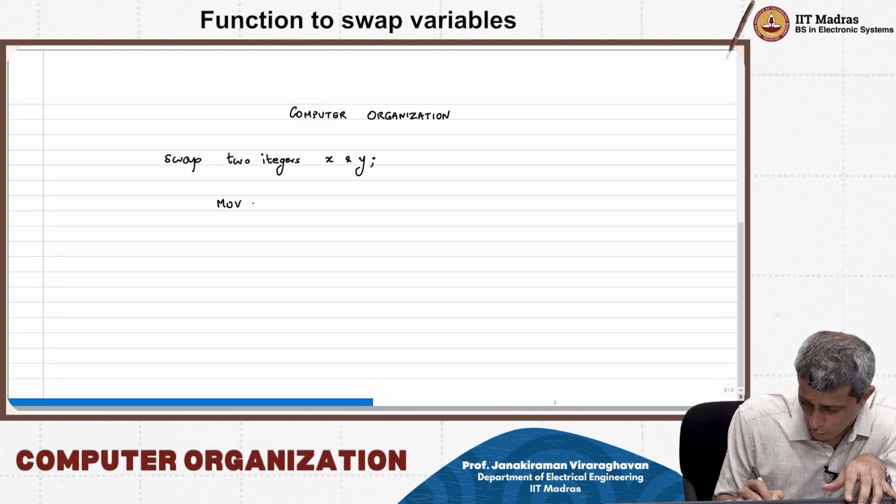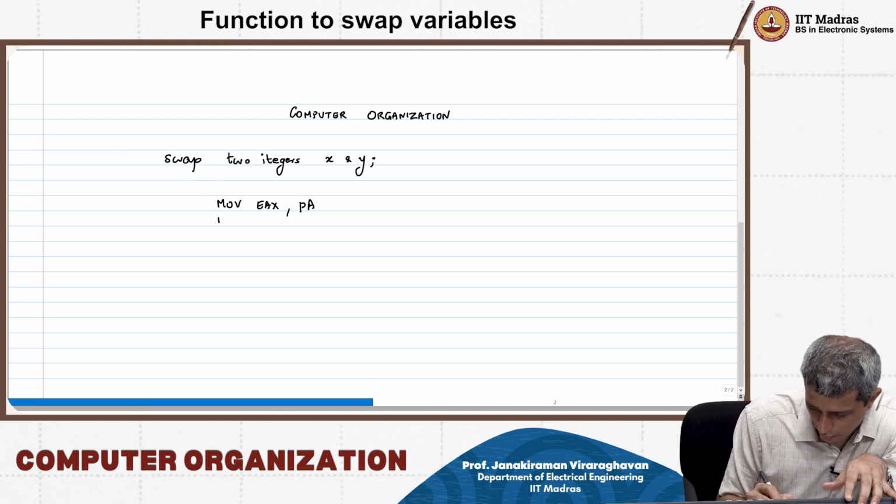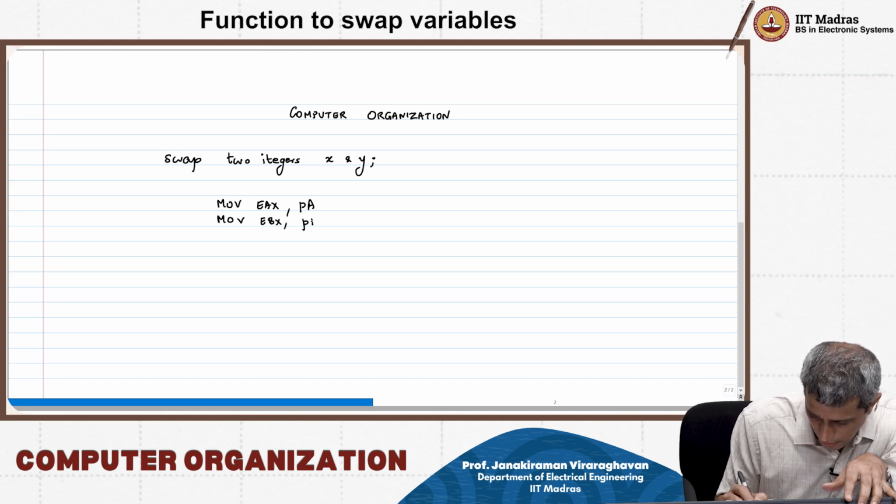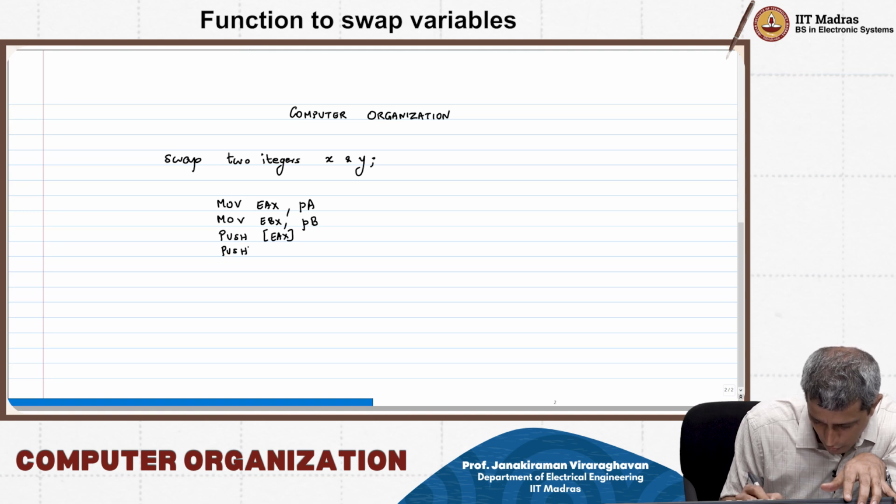But what we effectively did is the following. We did move EAX comma PA, move EBX comma PB, and then we did push contents of EAX, push contents of EBX, pop contents of EAX, pop contents of EBX.